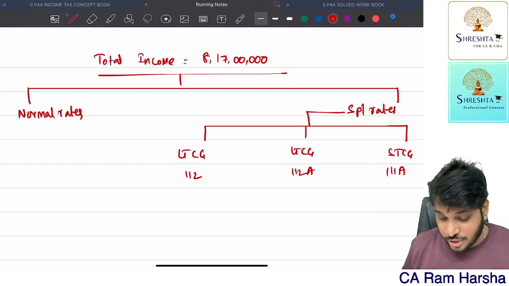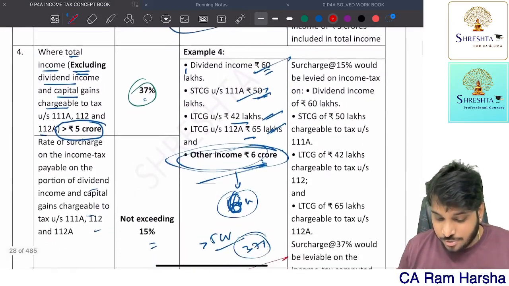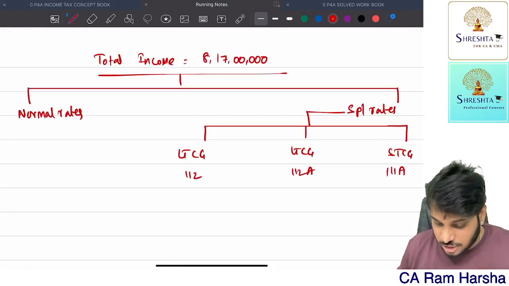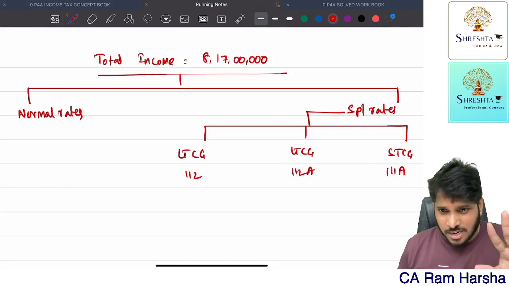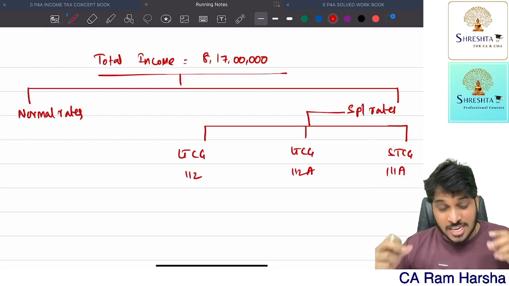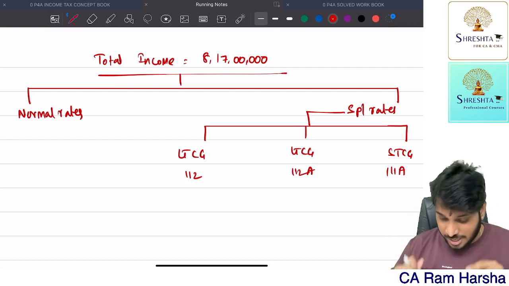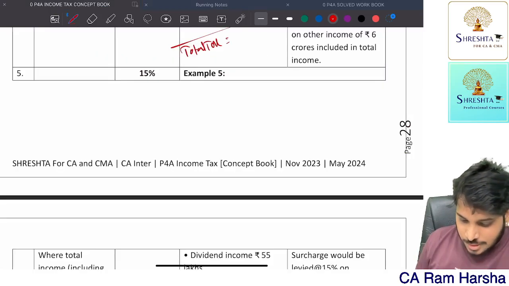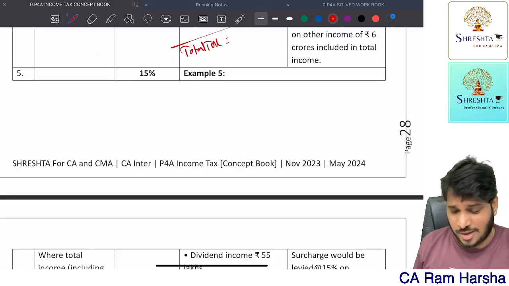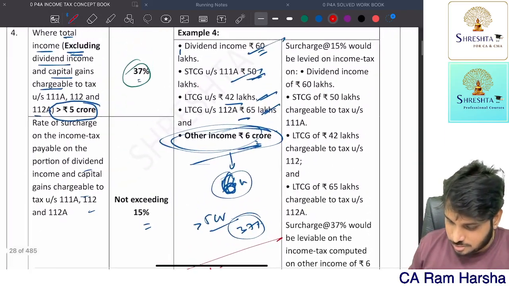For your understanding, I am computing this example 4, but you try to solve on your own. Please learn properly. The more your brain struggles, the more it becomes sharpened. Now I'll not explain, I'll just solve. You also check whether my computation is correct or not.